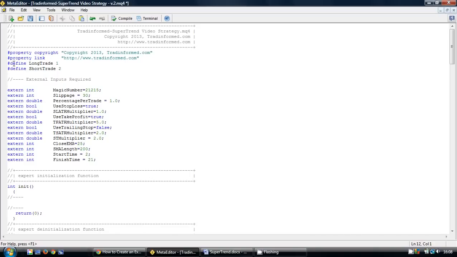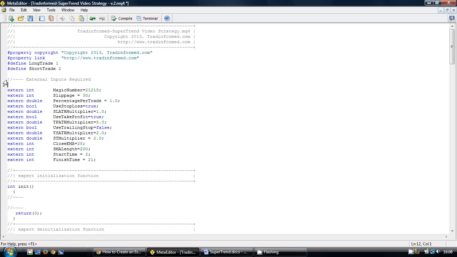Next we're going to use #define, and we're going to define a long trade and a short trade. These are constants that we're going to use, as the name suggests, for long trade and short trade, to define when the program will be opening a long trade and when it will be opening a short trade.